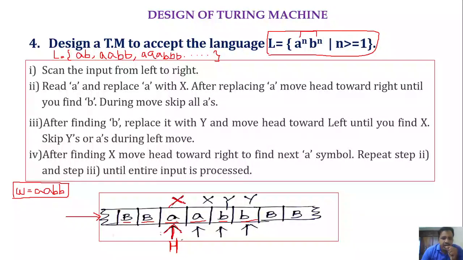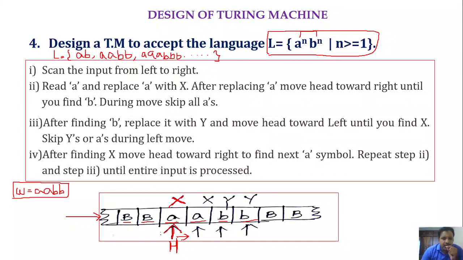After replacing the input a with x, I move the head towards the right side. I keep on moving the head towards the right until I find the b symbol.